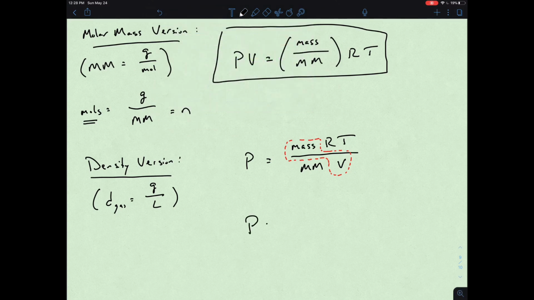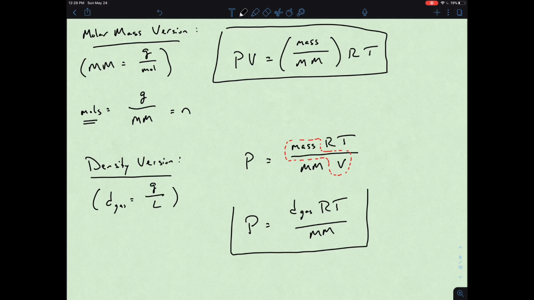And so my pressure could then equal the density of the gas times RT over molar mass of the gas.